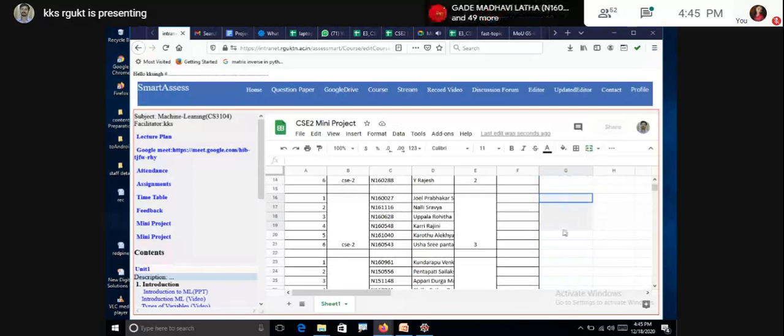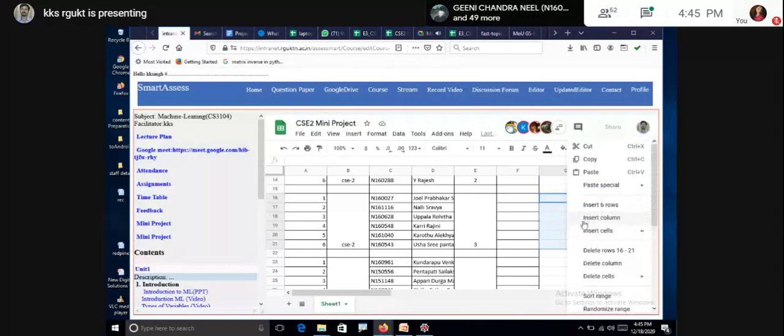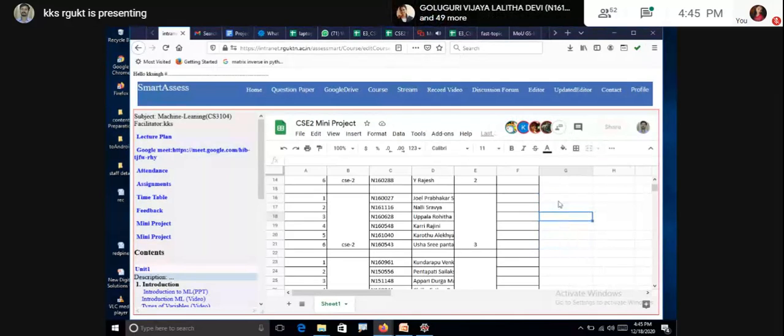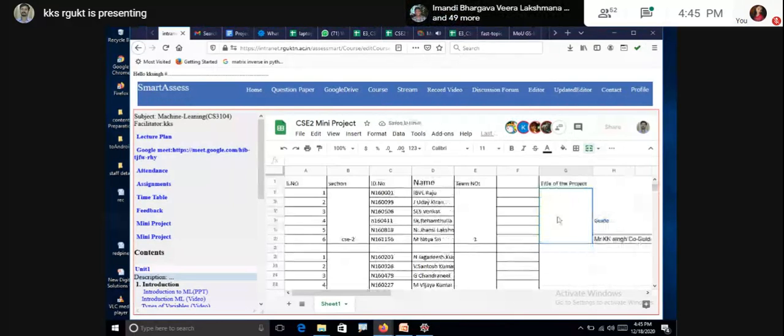Yes or no? Yeah, you're able to open it. So in this column, you have to write the title of your project.